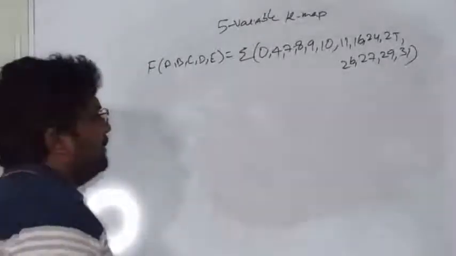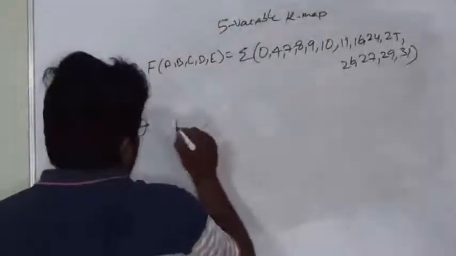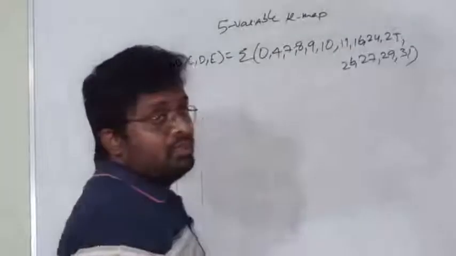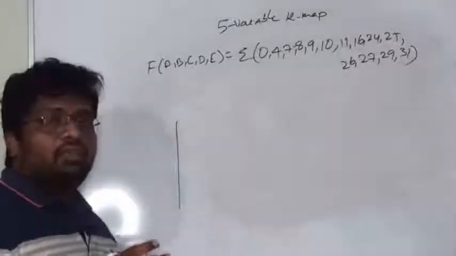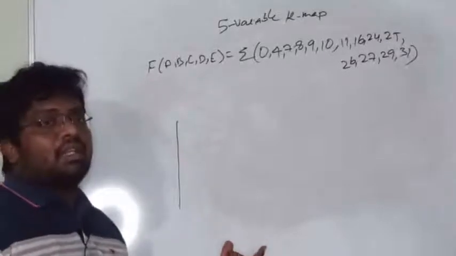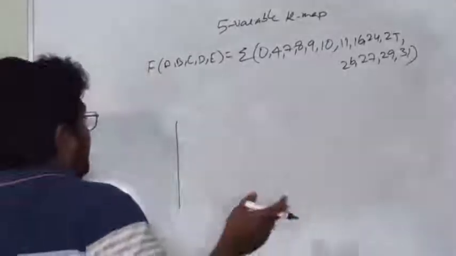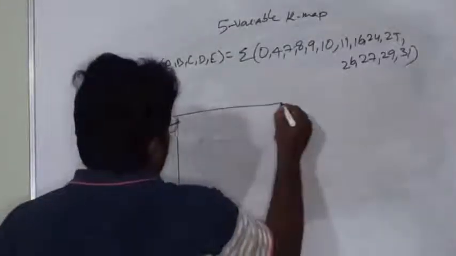So for a 5 variable K-map, we will be having 32 squares, right? Actually, in the 4 variable K-map representation, we have represented 16 squares, right? So in the same way, we will be representing the 16 squares, right? So see.